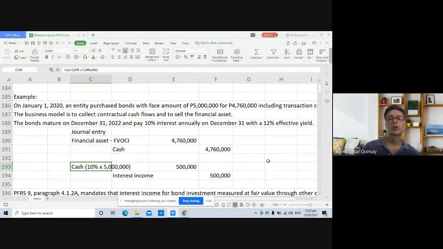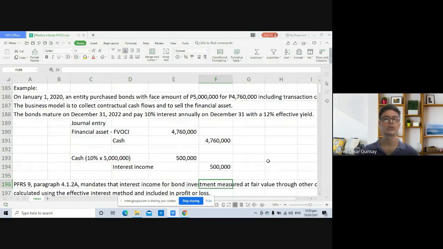And the interest payment is based on the nominal, which is 5 million times 10%. Since this is annual, debit cash for 500,000, and credit interest income for 500,000.